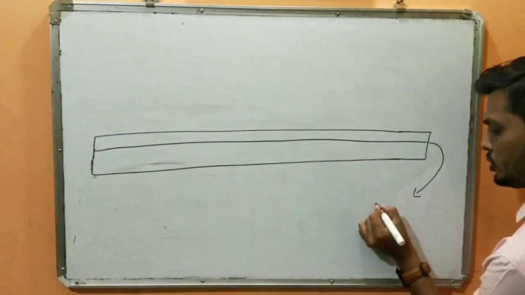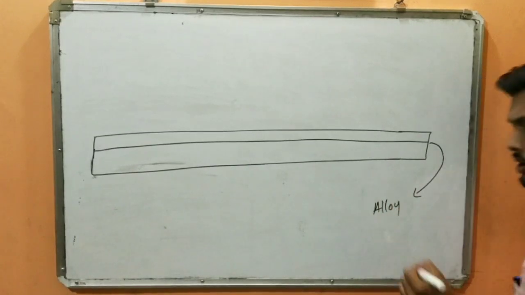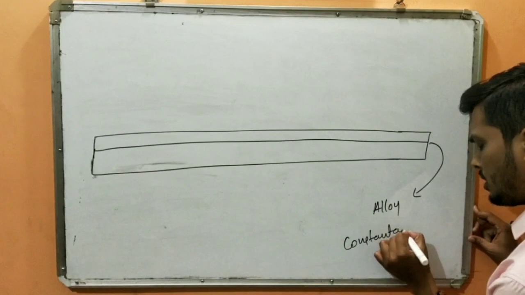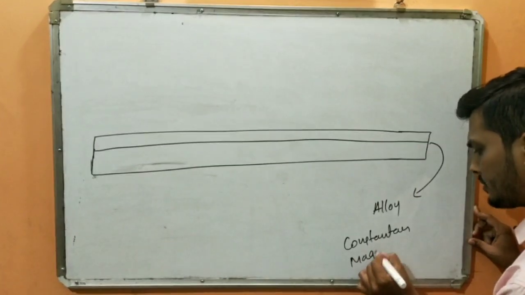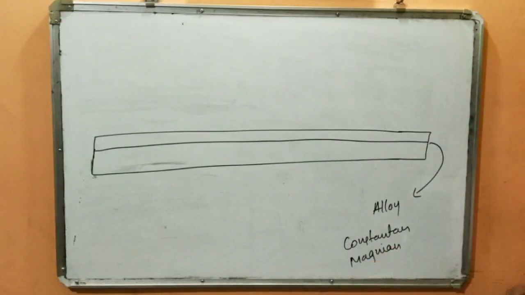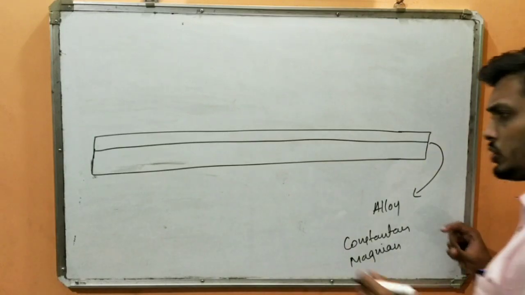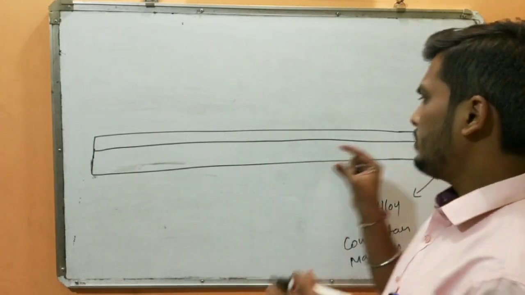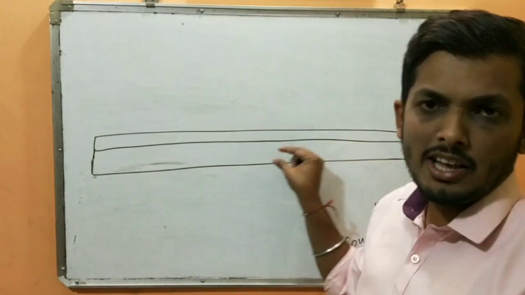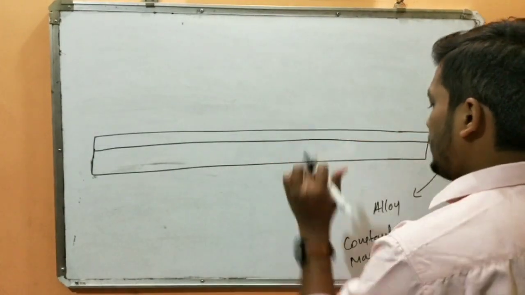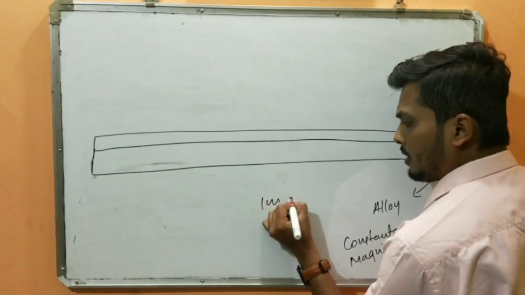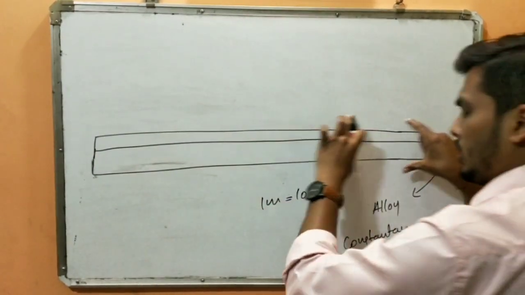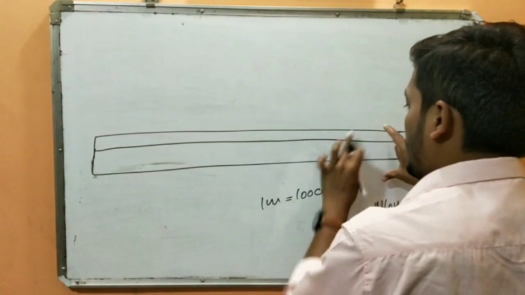Basically the wire should be an alloy of constantan or else manganin. This would work. And the wire should be of uniform cross-sectional area. There should not be any variation in the area at any point. A wire of length 1 meter or 100 centimeter. There's a wooden block, not a cardboard block.